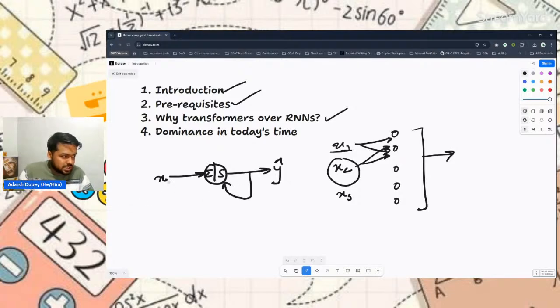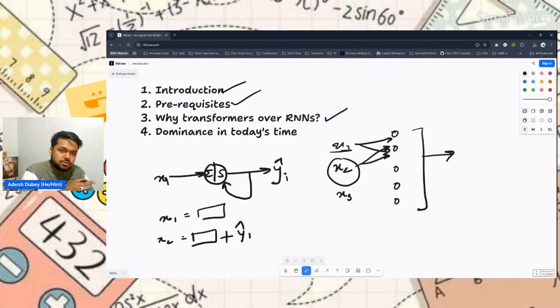So for x1 it will be a simple calculation, but for x2 it will be everything that was supposed to happen with x2 plus y1 hat, so that the output of our previous calculation is one of the inputs in our next calculation, and that's how sequences are followed.